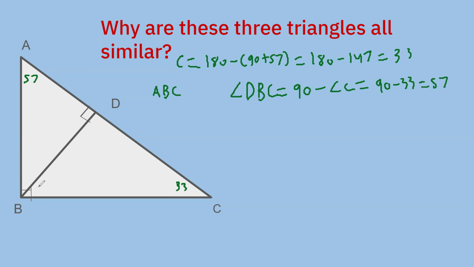So this angle here is 57, which if you look, right, we have 57 there. So now we have BDC is the same as ABC, right?